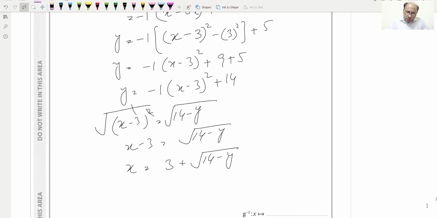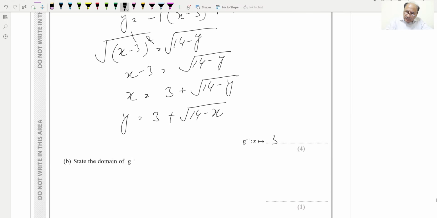Now we can swap x and y, so y is equal to 3 plus the square root of 14 minus x, and we have to write in this format, so this will be 3 plus the square root of 14 minus x. This was the 4-mark question which we have done.